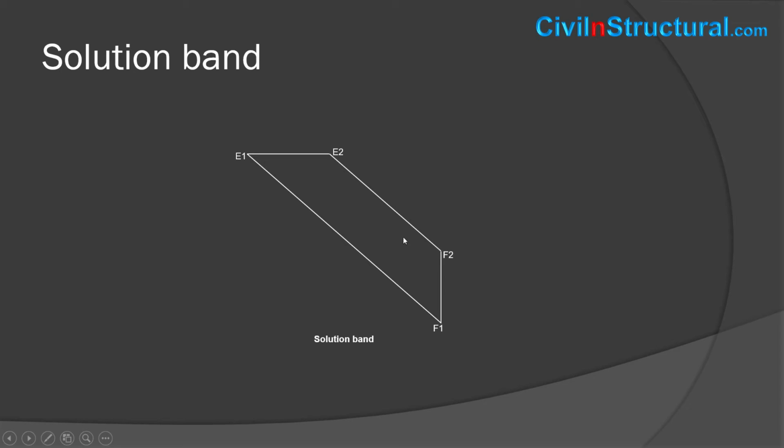After finding the solution band, now F1 is fixed. We will keep F1 as a fixed pivotal point, and we will alter this E1 and reduce A in such a way that E1 shifts towards E2. And in the second iteration we keep E1 as pivotal point and we try to shift F1 towards F2 to get the neutral axis.